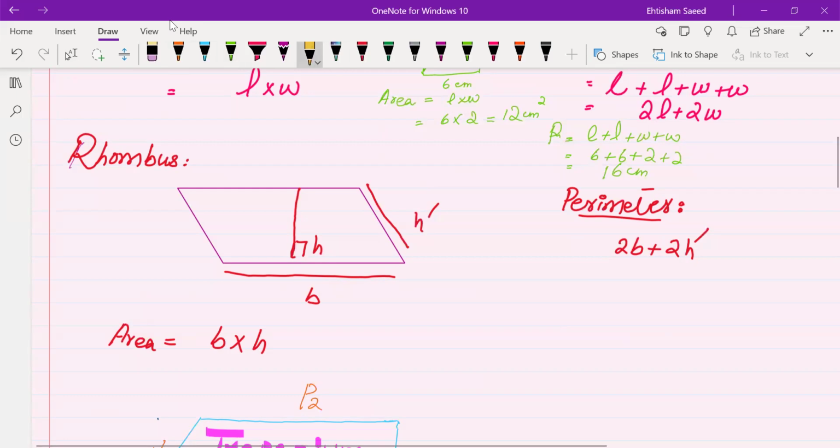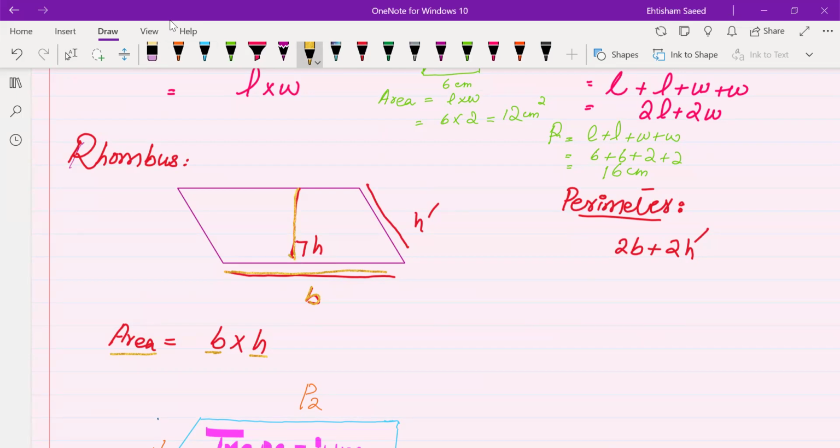Area is equal to base multiplied by height. B is the length of this side and h is the perpendicular height.